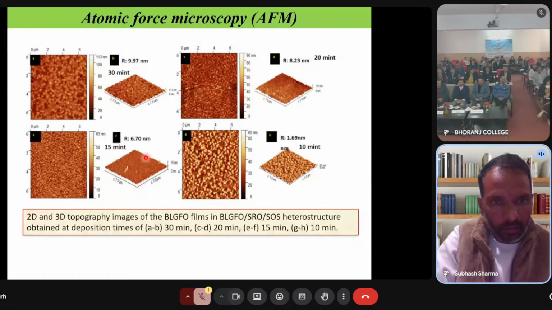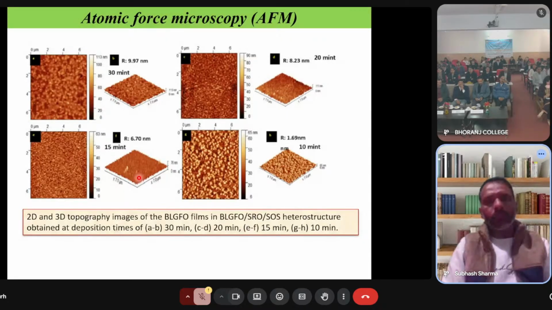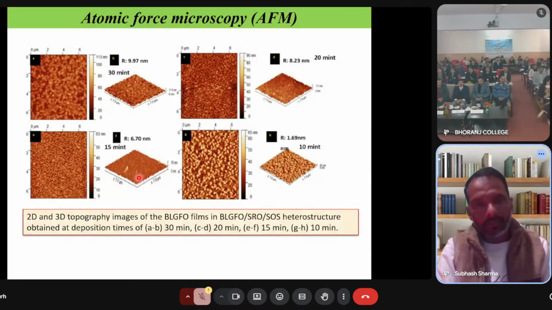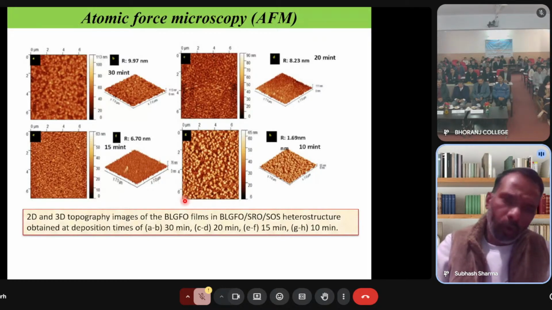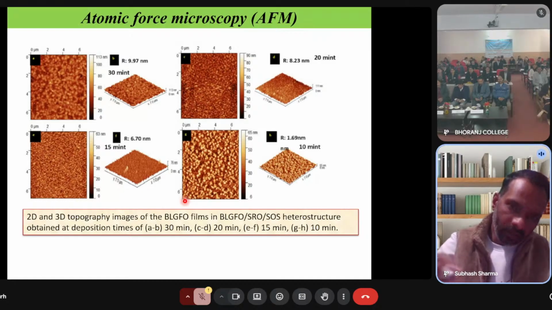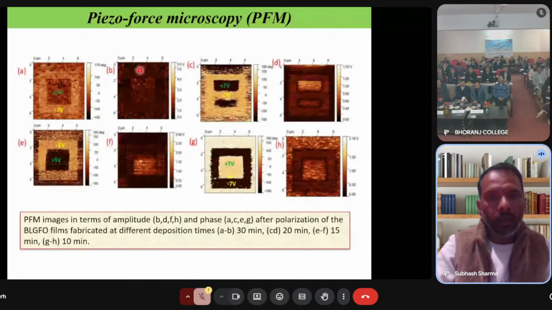So you can check the roughness: 9.97, 8.23, 6.70, 10, 1.69 for 10 minutes. So the more the thickness, the more the roughness. If you see for 30 minutes, it is 9.97.